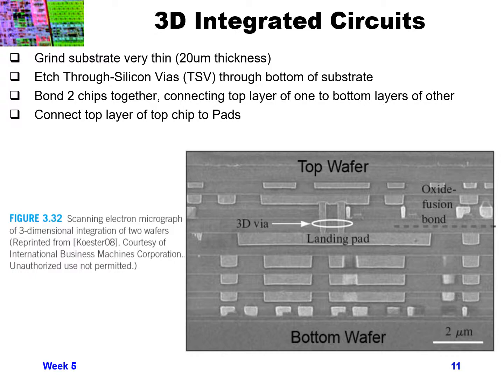So it's one way that's currently being used to try to bond two chips together in order to get higher density in a smaller area.